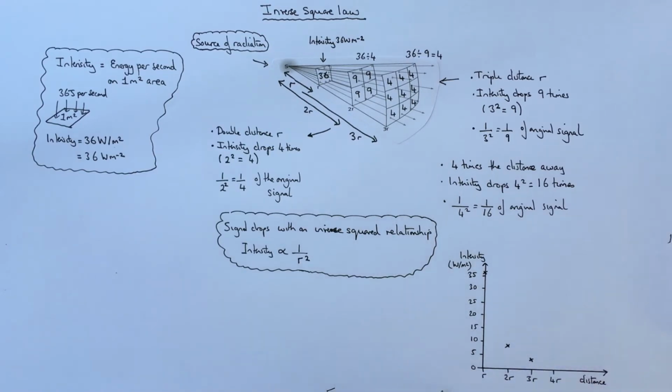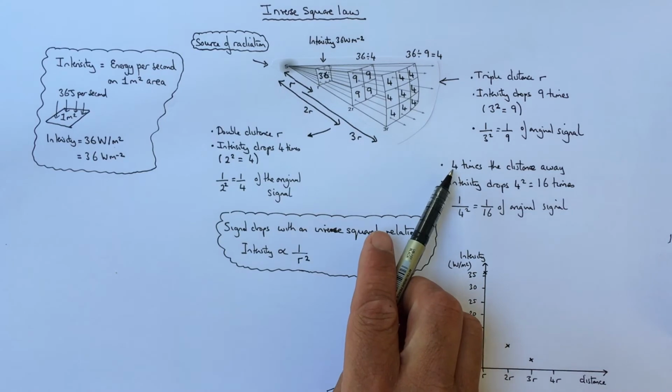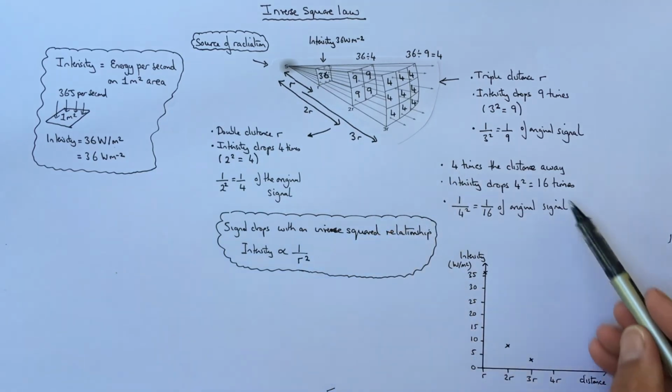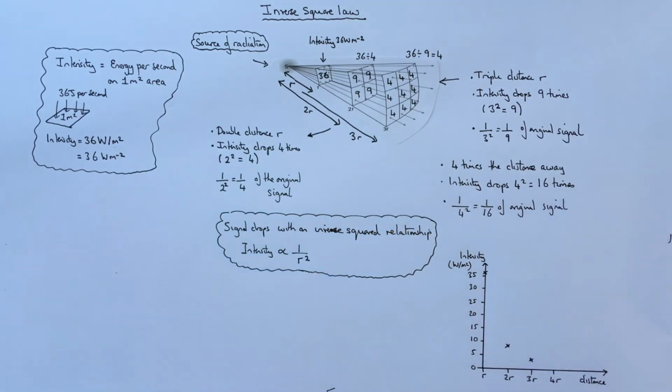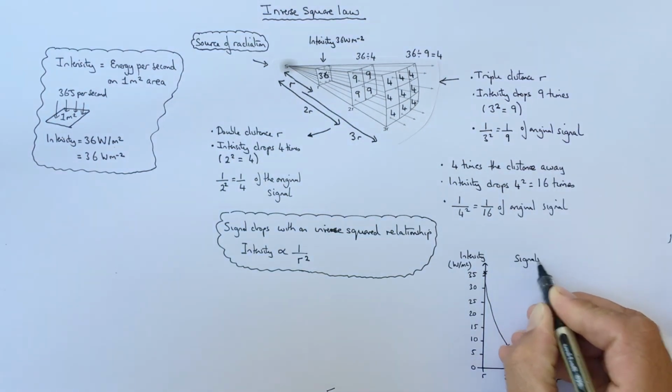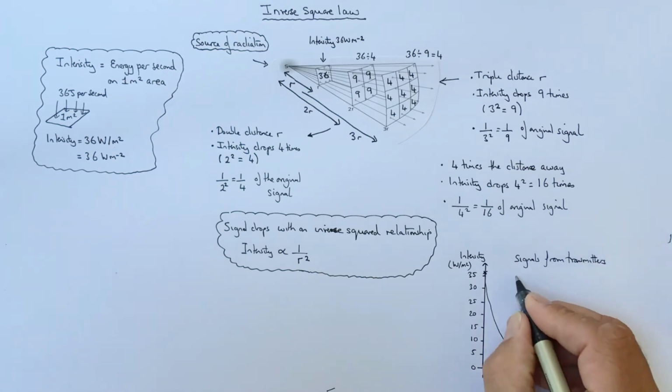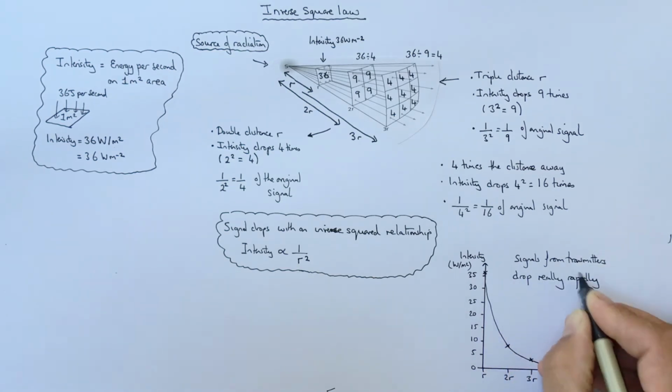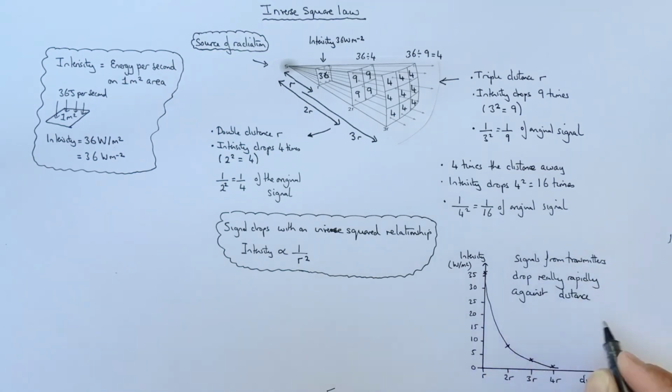At 4 times the distance away, 4 squared is 16, so it was 16 times smaller. So 36 divided by 16 is 2.25. Drawing the best fit curve, you can see the intensity drops rapidly against distance, which can lead to problems when you're trying to transmit signals because the energy drops so fast.